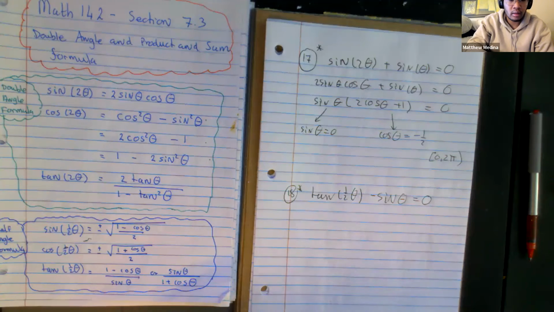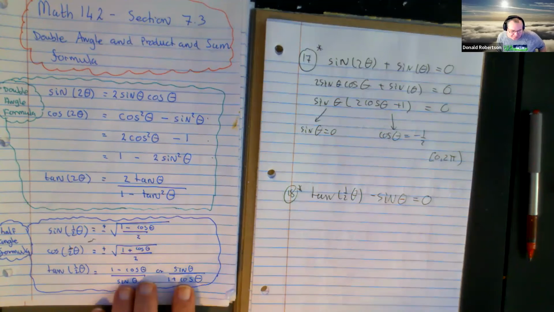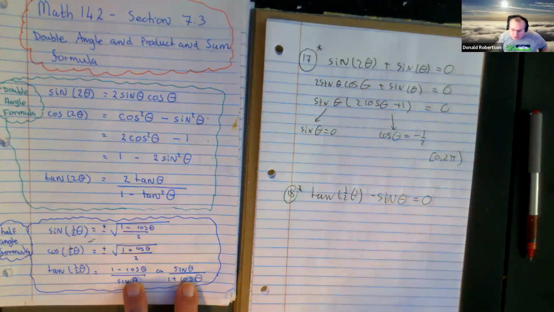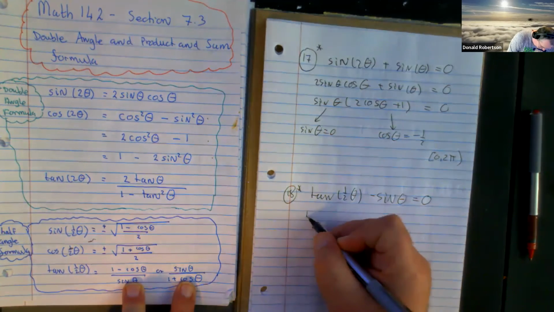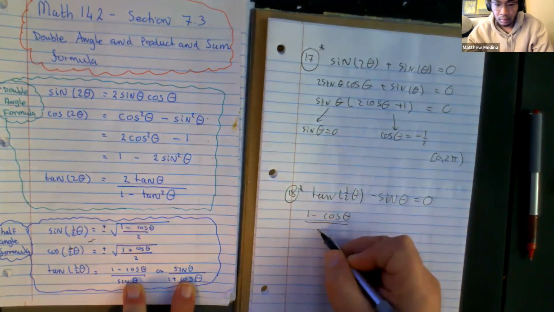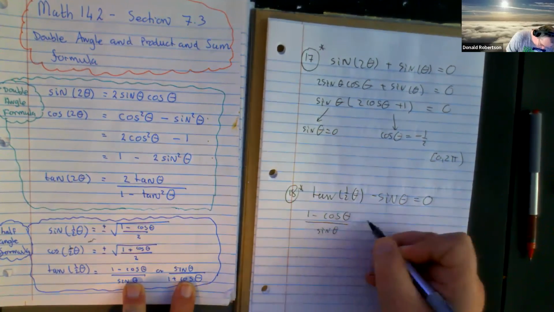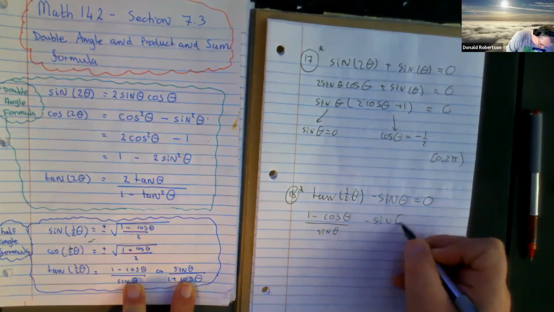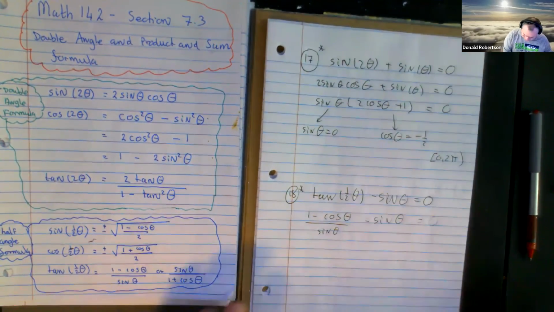Tan of half theta equals one of these two guys, right? I don't know which one's the best one, so I'm just going to pick this one and hope that it comes out good. And it will.